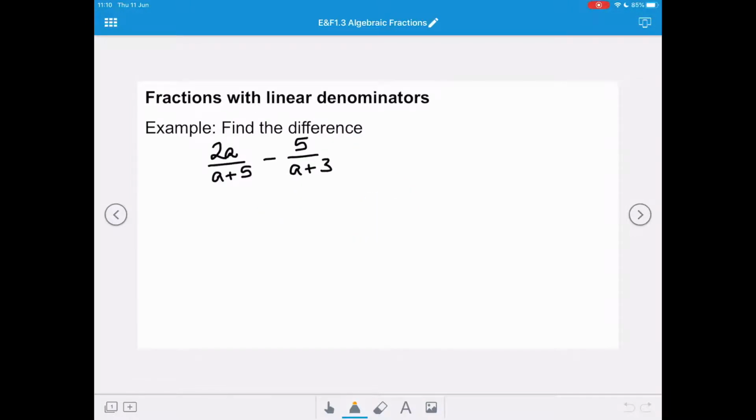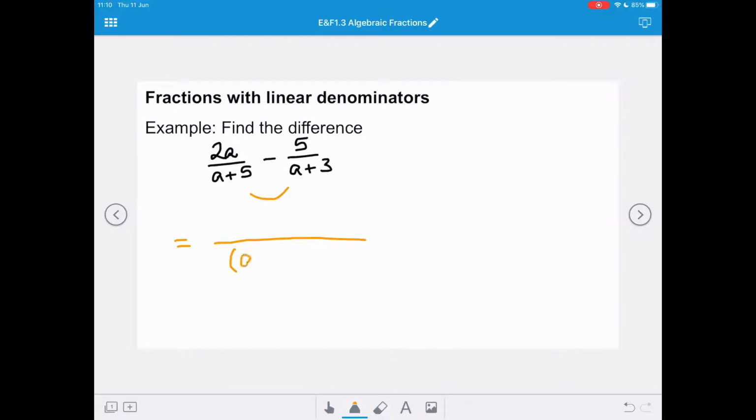What happens if the fractions have linear denominators? Here we've got 2a over a plus 5, and we want to find the difference of 5 over a plus 3. Remember, the divide by line means that there are brackets around the numerator and brackets around the denominator. When we're finding our common denominator, we're multiplying our a plus 5 by our a plus 3.